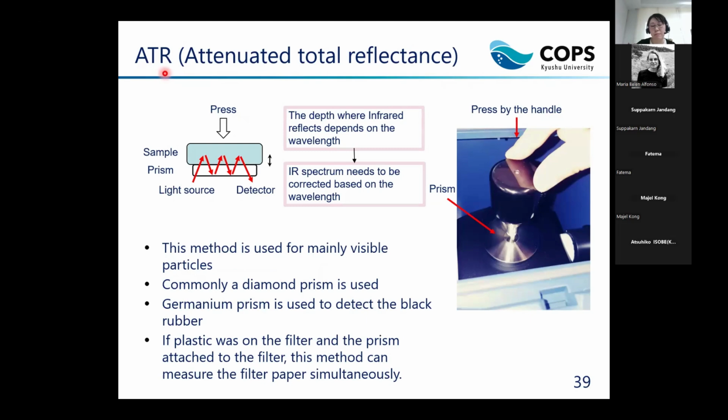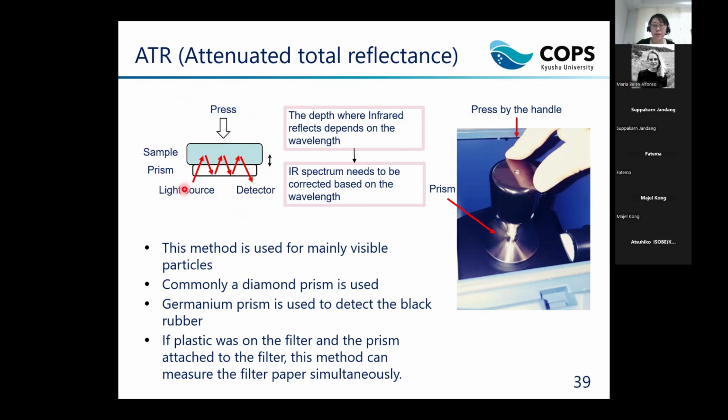And this is the basic of the ATR method. The picture shows a conventional ATR FTIR. You can see the silver stage, and in the center of this, you cannot see it, but there is a diamond prism, and you can put a sample there and attach the sample to the prism. This is a schematic of the sample processing.